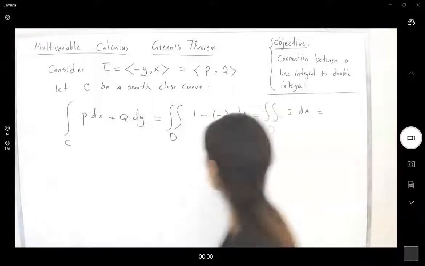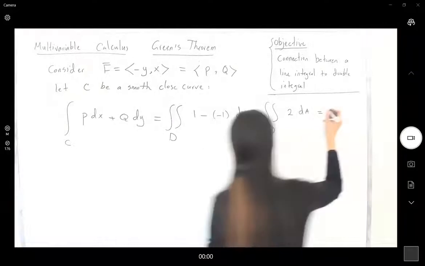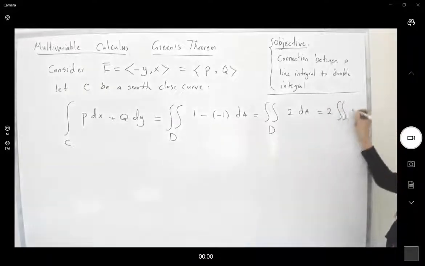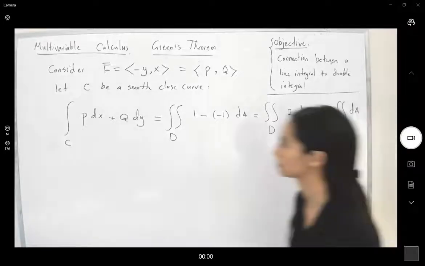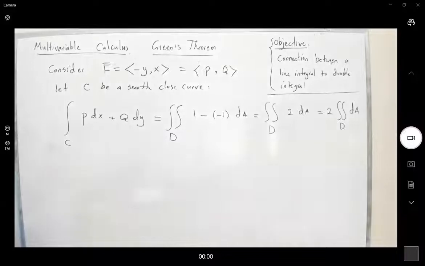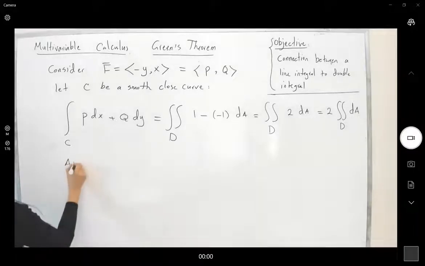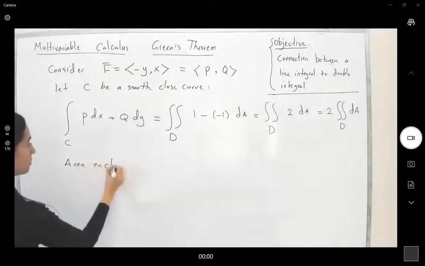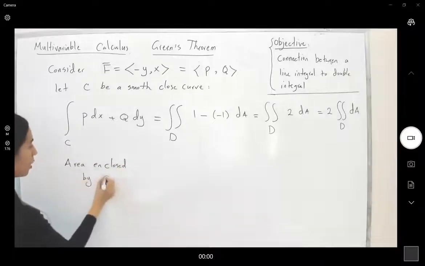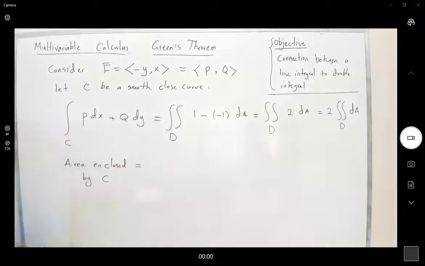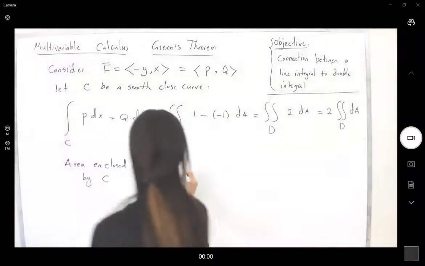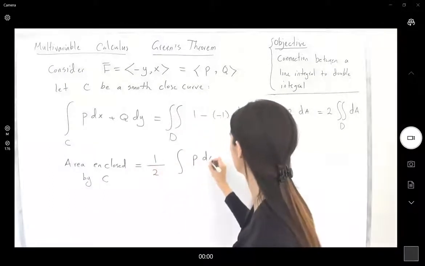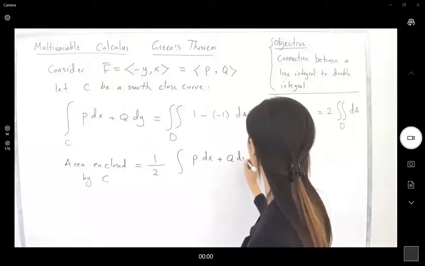Okay, so if I factor out 2, what I have here is the double integral over region D of dA. So what I can write is that the area enclosed by C is equal to a half line integral of P dx plus Q dy.